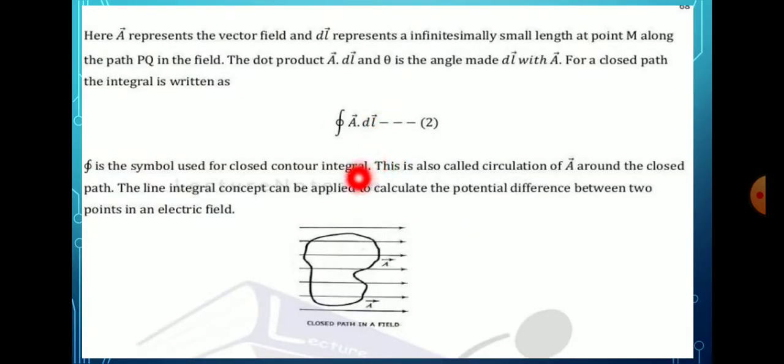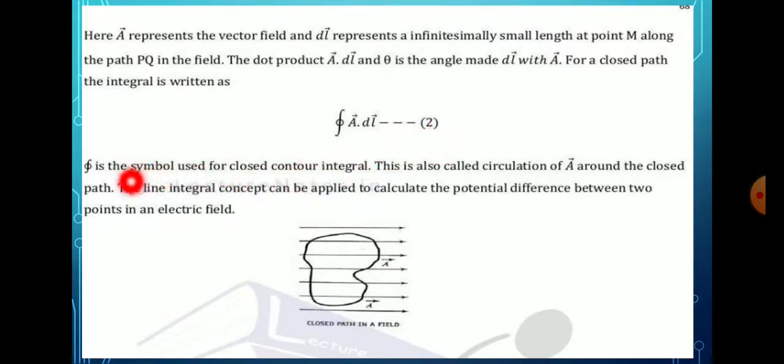Then if we take this integration where the line is a closed curve of length L, it becomes a closed integral, denoted as closed integral A bar dot dl. This is equation number 2.